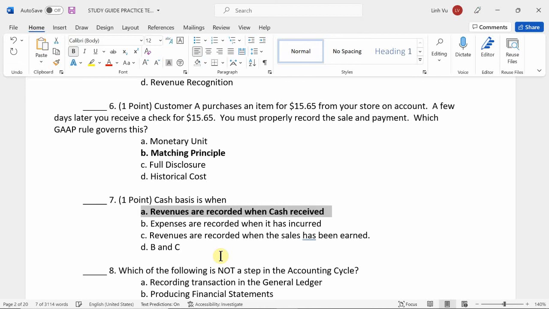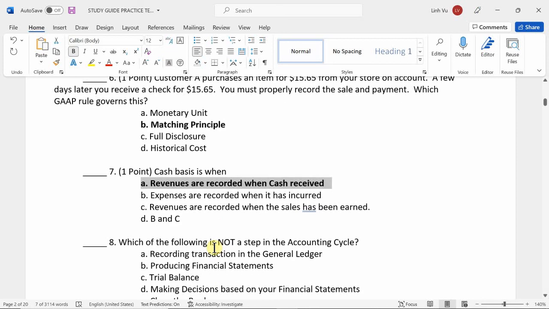You must pay your vendors at time of service.